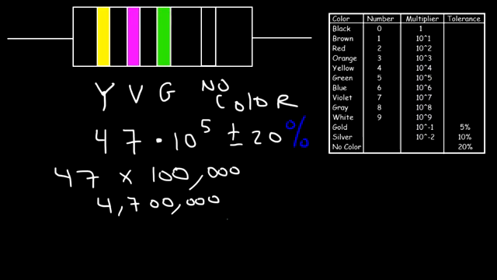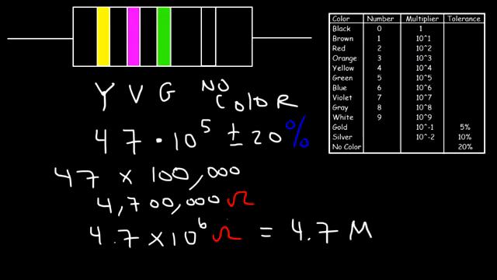So that is the resistance level in ohms, which if you put it back in scientific notation, by moving the decimal 6 units to the left, this is equivalent to 4.7 times 10 to the 6 ohms. Now, 10 to the 6 is basically a million, which represents mega. Mega is equal to 10 to the 6. So you can write it as 4.7 mega ohms.